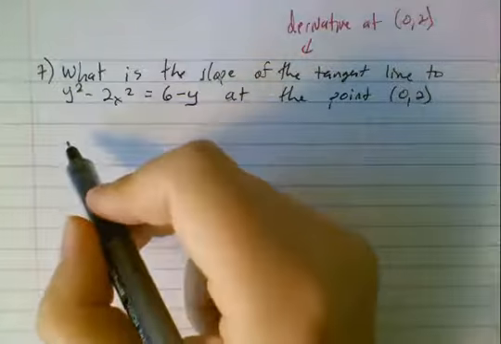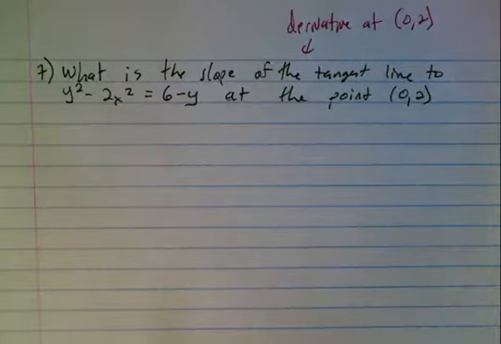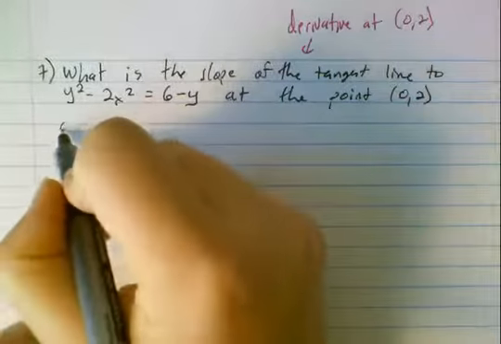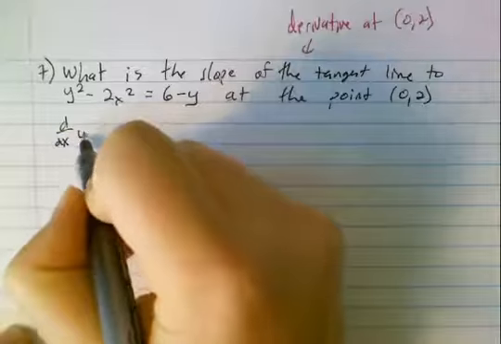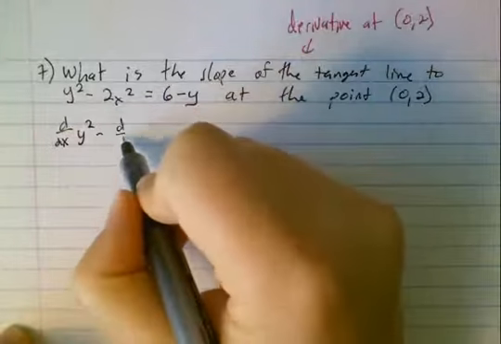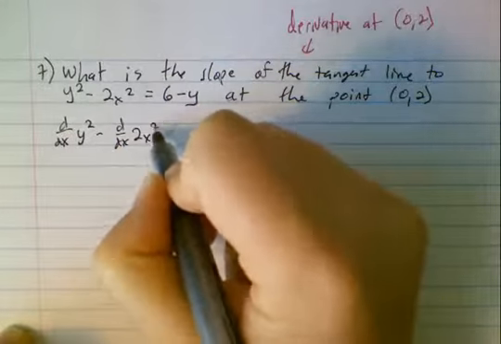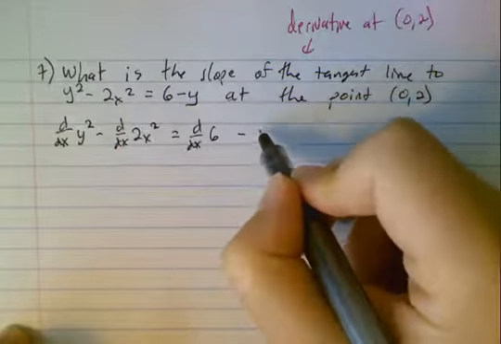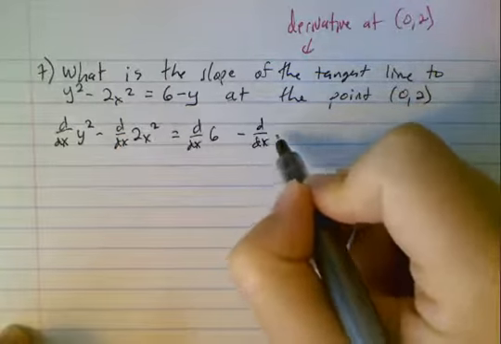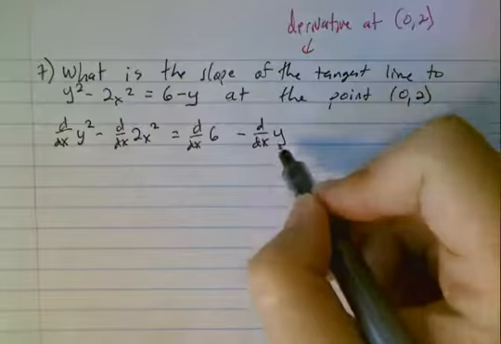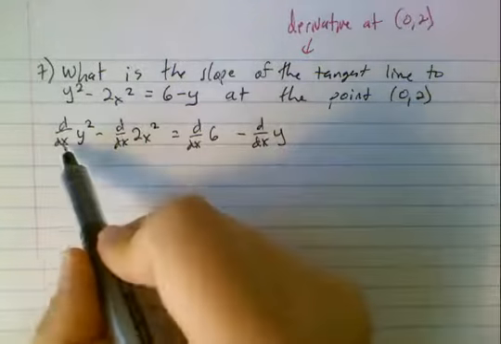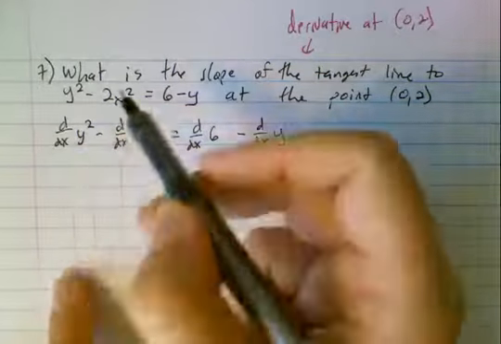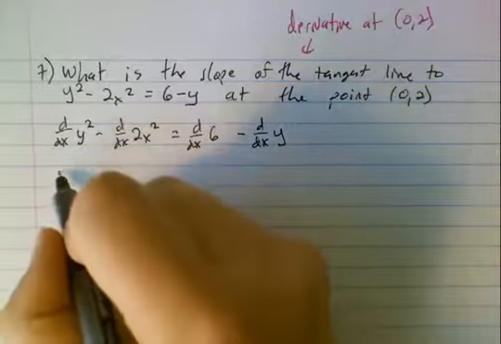Really what's going on here is just that we go to take the derivative of every single piece. So the derivative with respect to x of y squared minus the derivative of 2x squared, equals the derivative with respect to x of 6, minus the derivative with respect to x of y. Remember, if these variables don't match, that means that we have to do a funky type of chain rule.